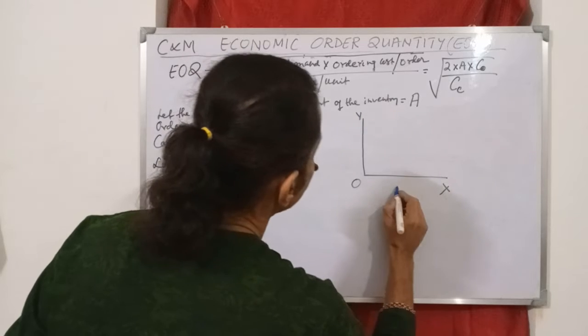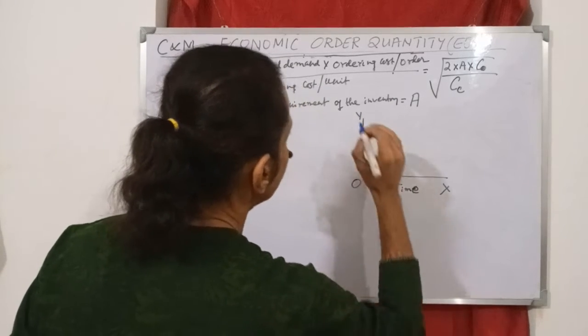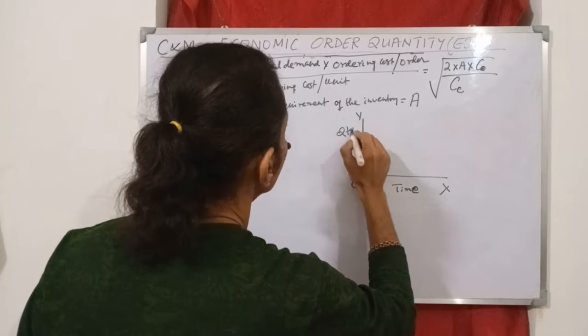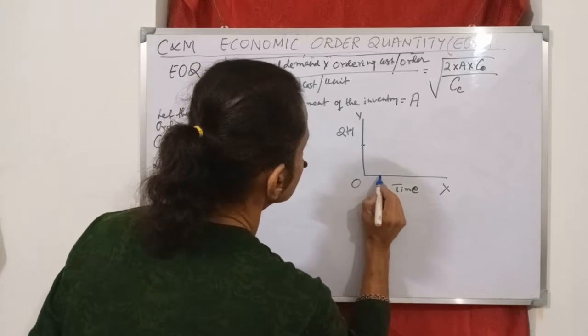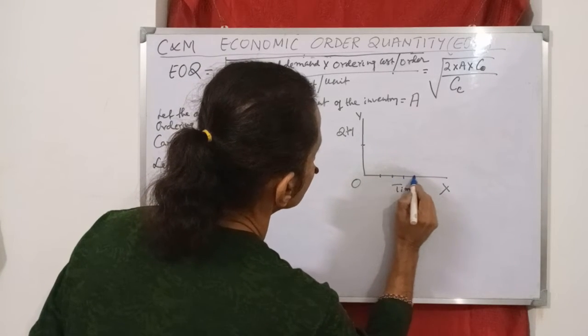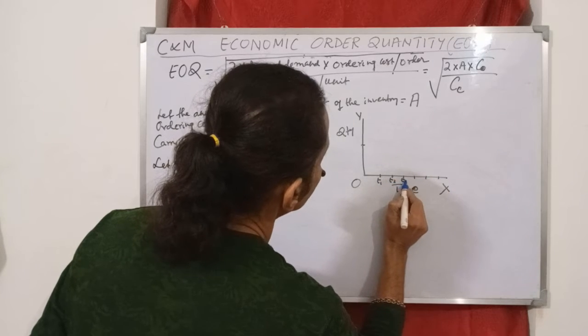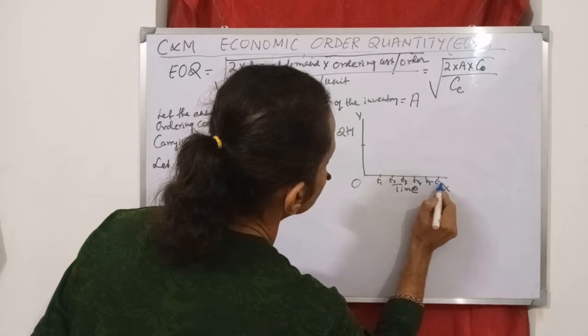If we measure time on x-axis and quantity of order on y-axis, say this is Q, this is T1, time 1, time 2, time 3, time 4, time 5, time 6.